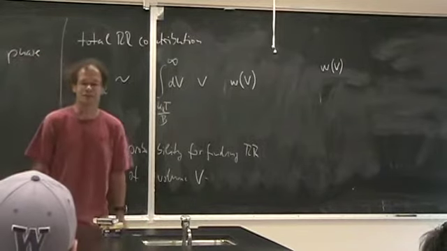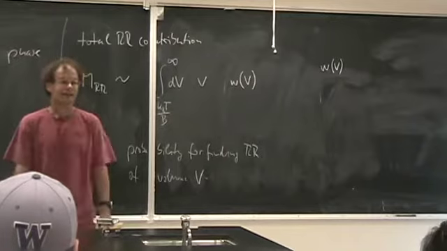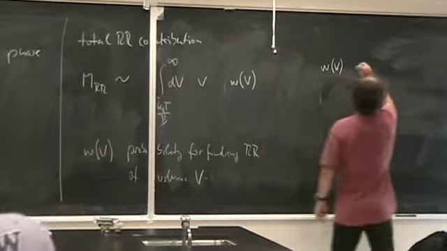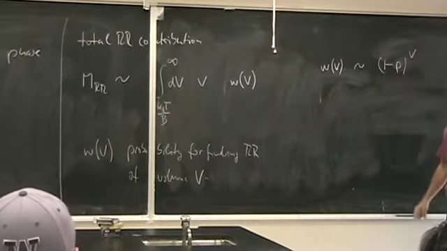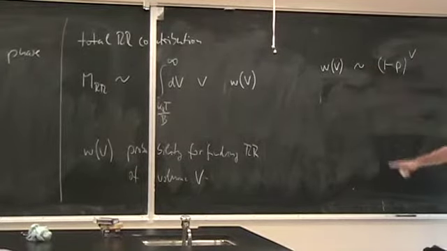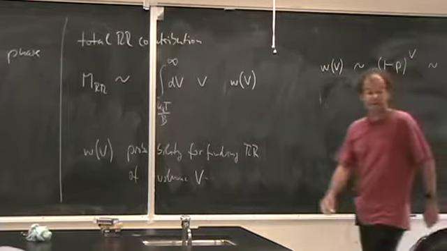So it's 1 minus p to the number of spins we want in the region. And then there's a combinatorial prefactor, of course. But if I'm only working to exponential order, I don't have to care about the prefactor, right? And of course, this is e to the minus, let's call it p tilde, times V.